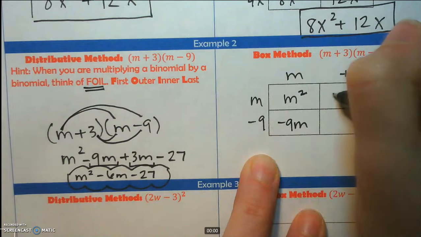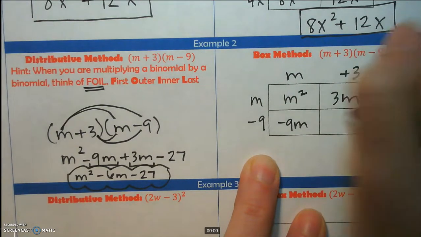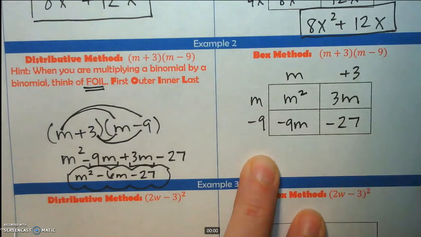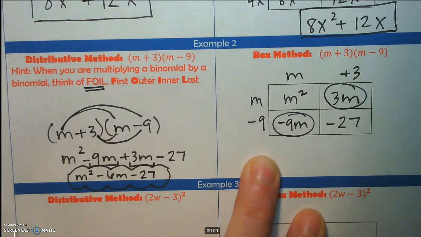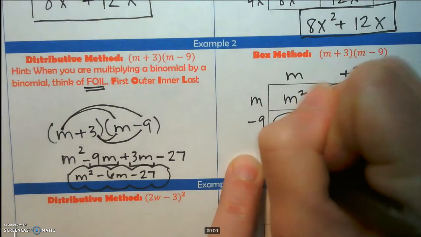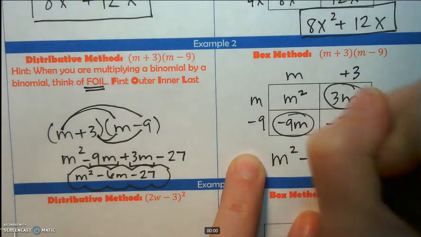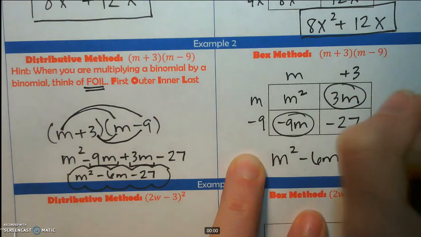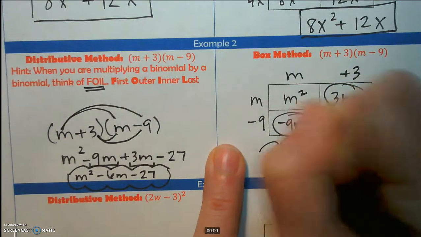M times 3, which is 3m. And negative 9 times a positive 3 gives you negative 27. Now right away I see that these are like terms. So when I go to write my final answer, I can start with my highest exponent and work my way down, but I'll go ahead and combine those like terms as I bring it out of my box, just to save a step.